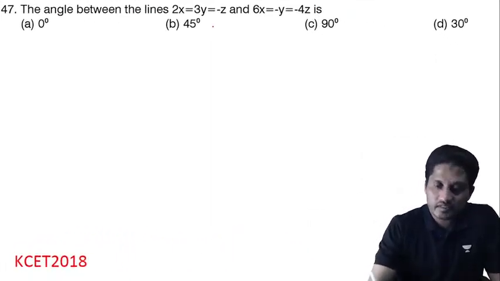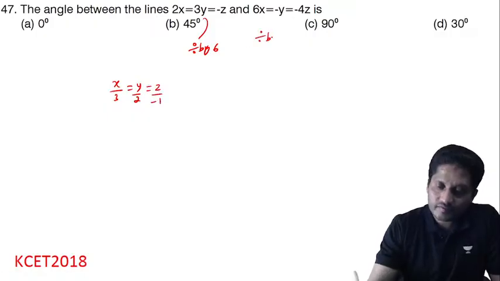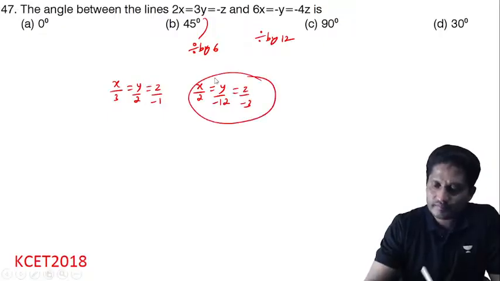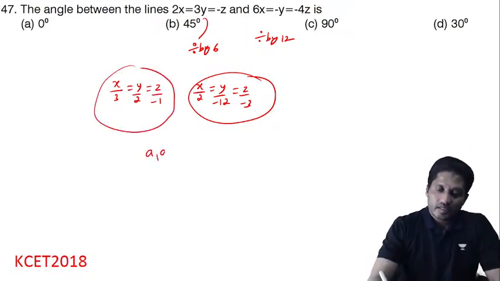Angle between the two lines. Actually, if I divide this by 2, the LCM of 2 and 3 is 6, right? Divide by 6. We'll get x by 3, y by 2 equal to z by minus. If we divide by 12, we'll get x by 2 equal to y by minus 12 equal to z by minus. Okay, now multiply the DRs: A1 into A2 plus B1 into B2 plus C1 into C2.